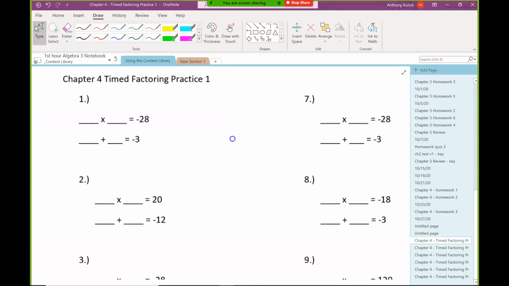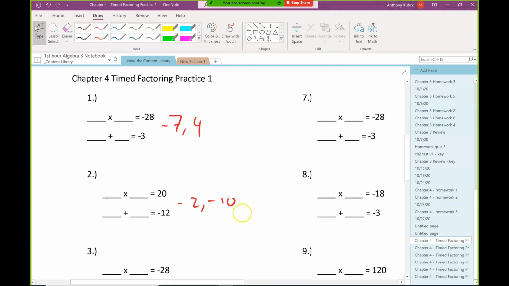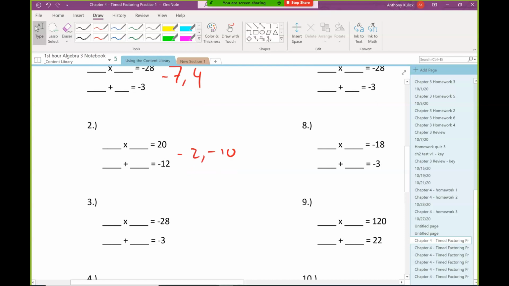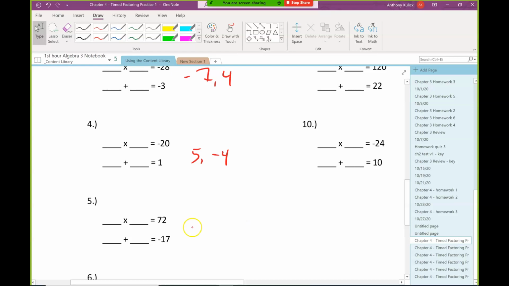So let's see: -7 and 4. -2 and -10. How I had the same problem on there twice, I don't know. That's a freebie for everybody. 5 and -4. Here we have -9 and -8.